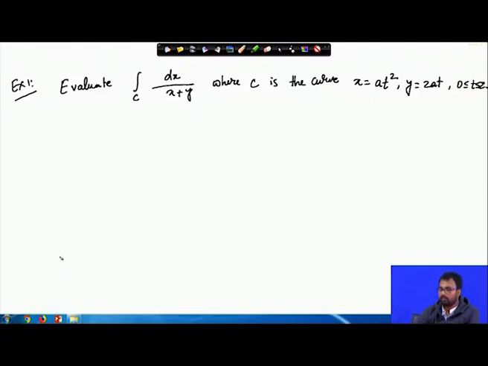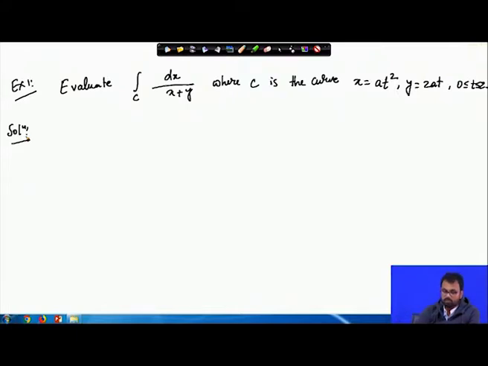So we already have the parametric representation of the curve, and for that we don't need the calculation to find the parametric representation of a certain curve. This curve is basically, as we can see, a parabola.